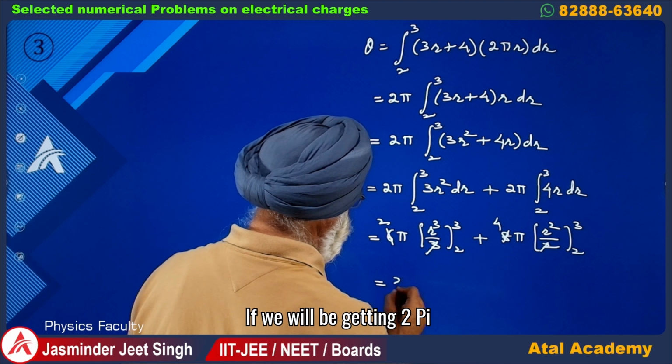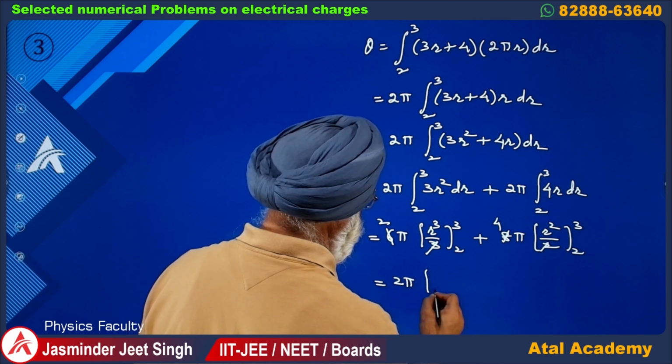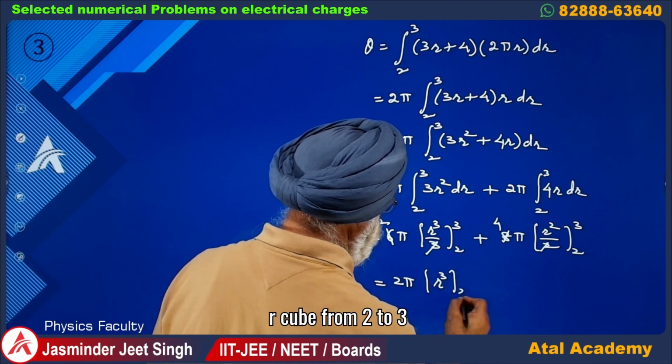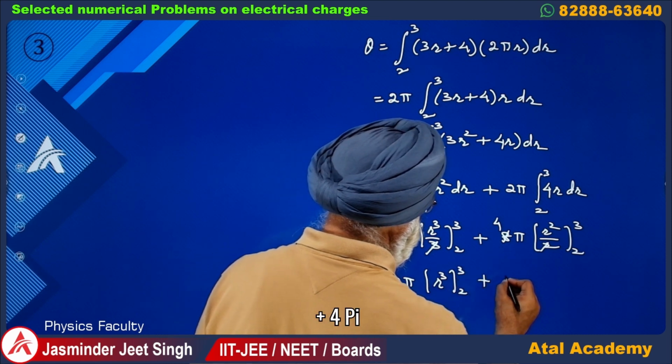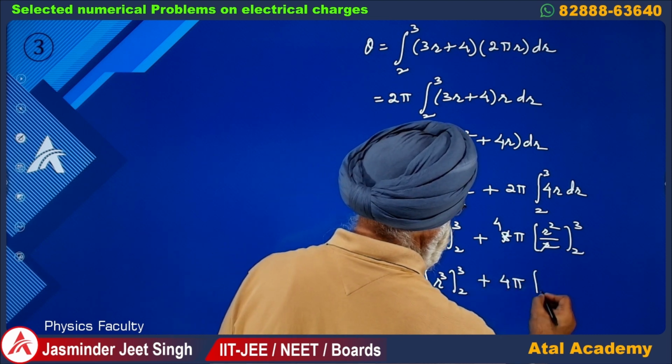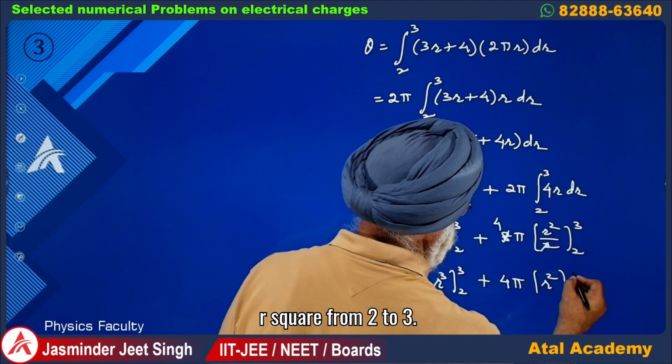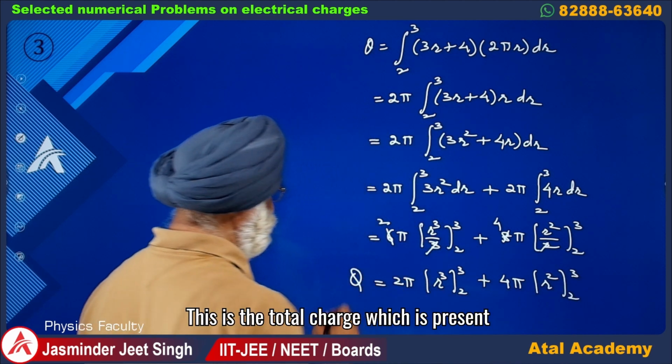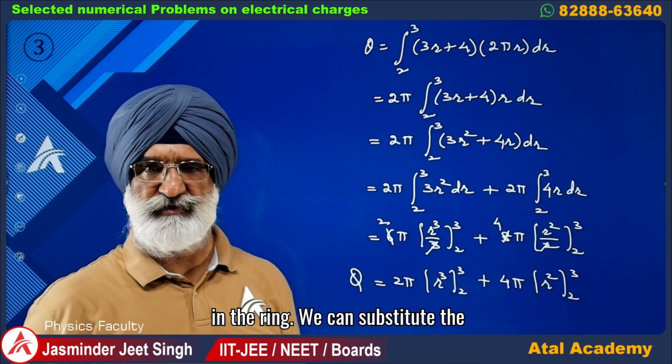We will be getting 2 pi r cube from 2 to 3 plus 4 pi r square from 2 to 3. This is the total charge which is present in the ring.